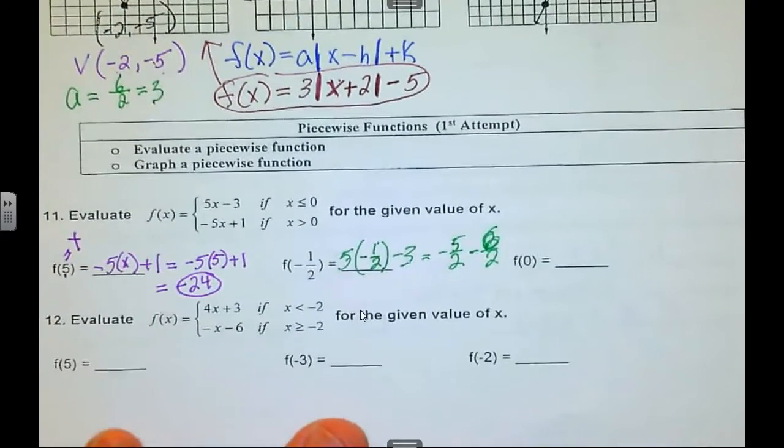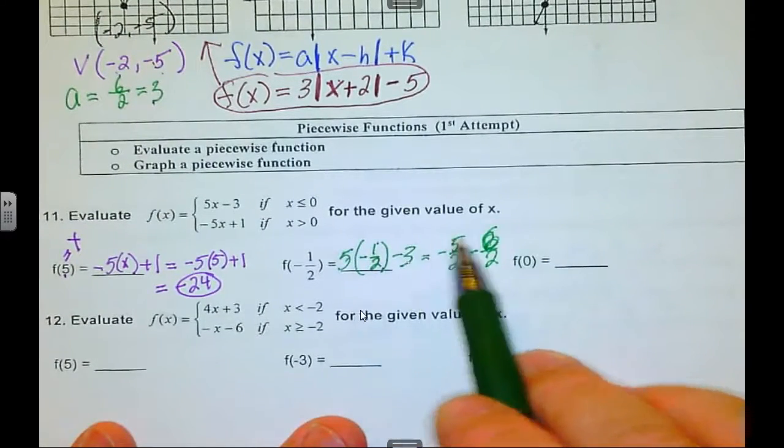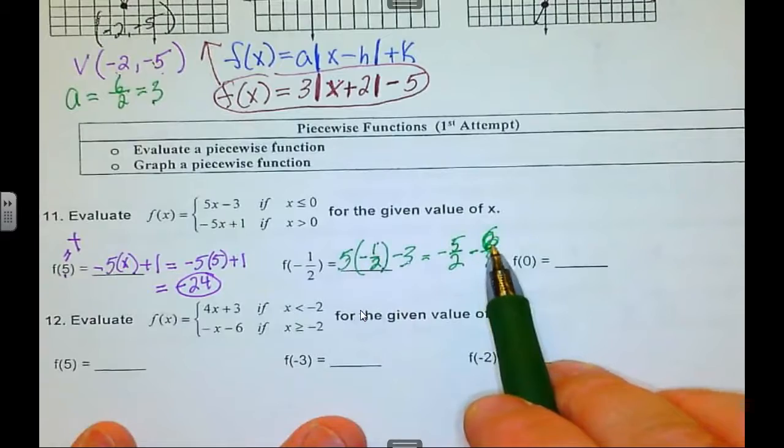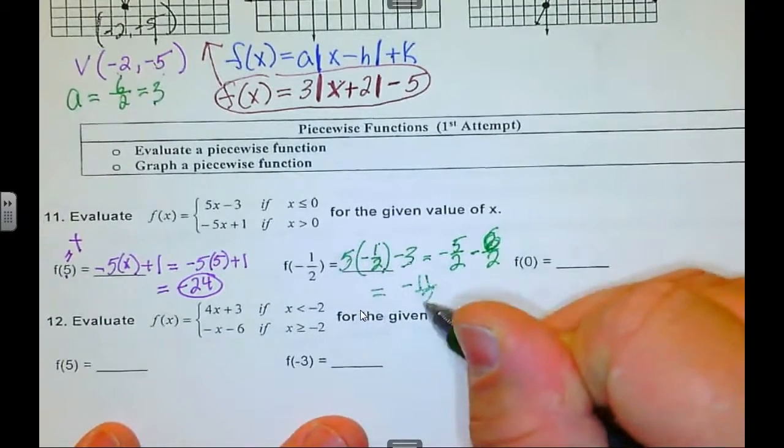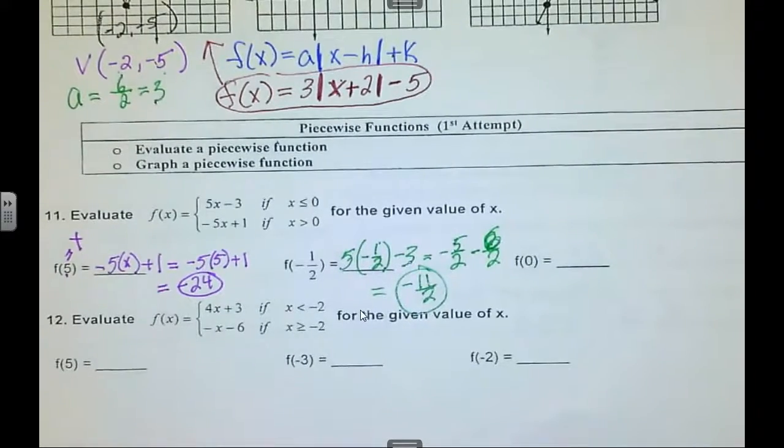So negative 5 minus 6, negative 11 halves. That's my answer. Negative 5 minus 6.